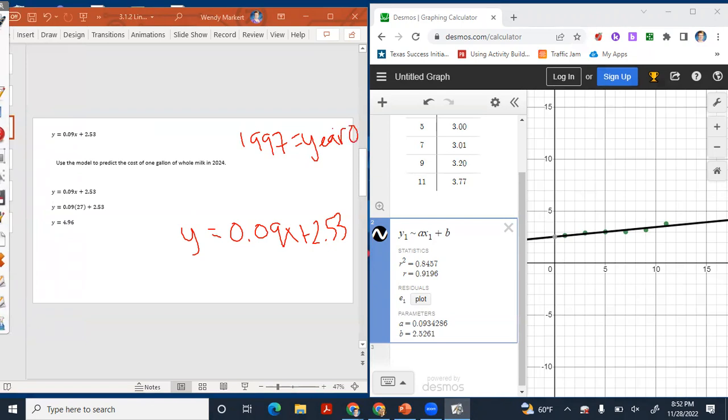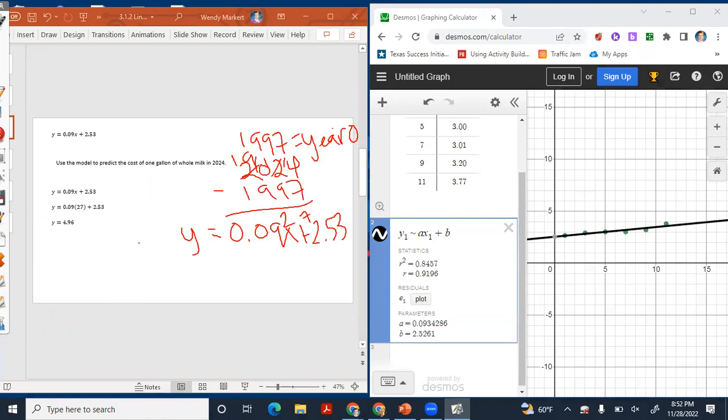So for 2024, let's take 2024 and subtract 1997. And we get 27. So 2024 is the year 27.